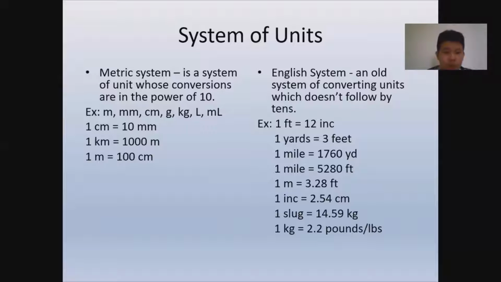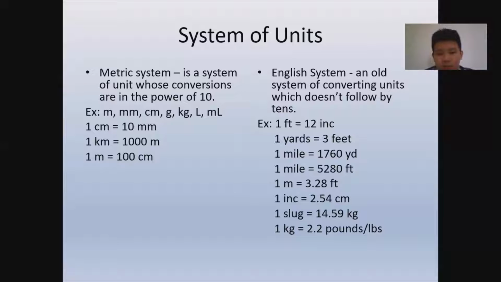For example, meter, millimeter, centimeter, gram, kilogram, liter or milliliter. 1 centimeter is equal to 10 millimeter, 1 kilometer is equal to 1000 meter, and 1 meter is equal to 100 centimeter.